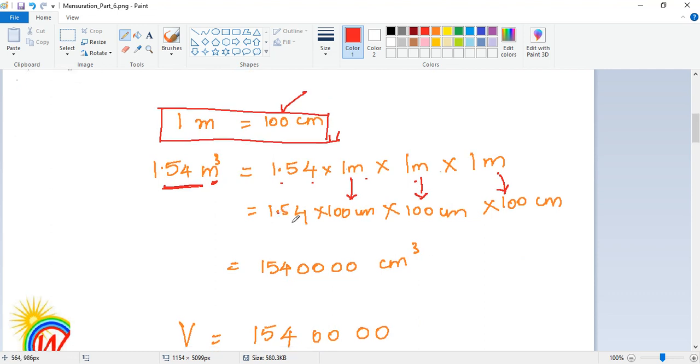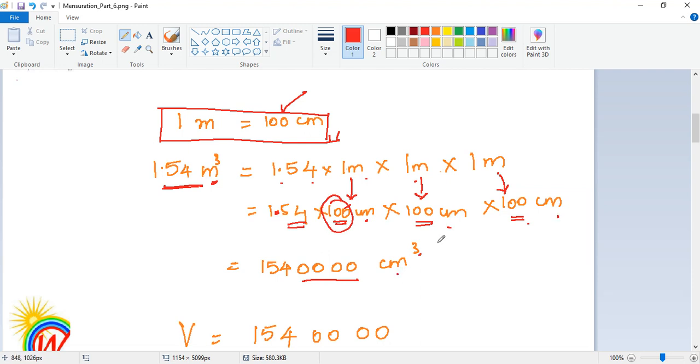There is a decimal point and 2 numbers after it. That can be removed by multiplying by 100, because it has 2 zeros, so this goes off. Then you have 2 zeros here and 2 zeros there, totally 4 zeros getting attached to 154. The point goes because of this 100, and these 4 zeros get attached to it. And you have centimeter, centimeter, centimeter, 3 centimeters, so I can write centimeter cube.